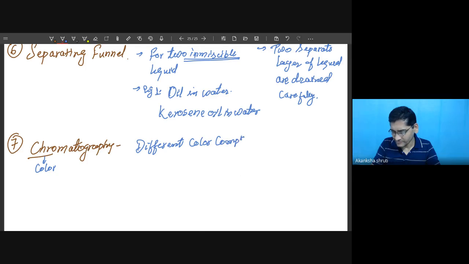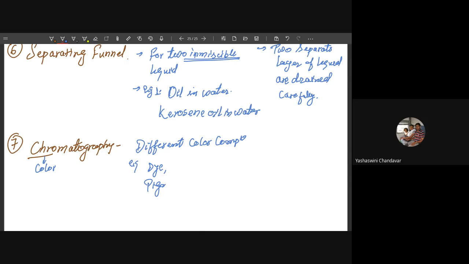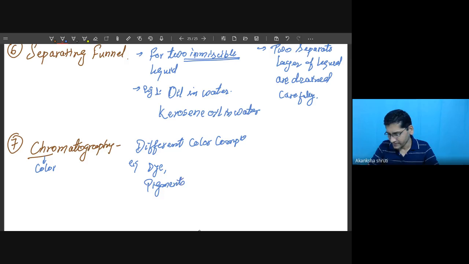Example, if the dye contains different colors, the different components can be separated. Say the green pigment that we are obtaining from the flower, pigments.